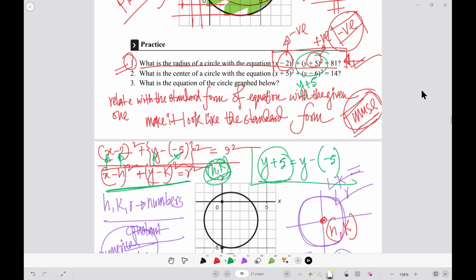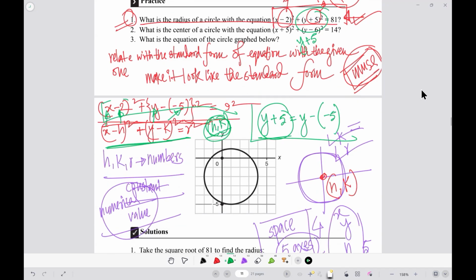So for this given equation, what do we have? The value of (h, k) is going to be (2, negative 5), because we also have a negative here.